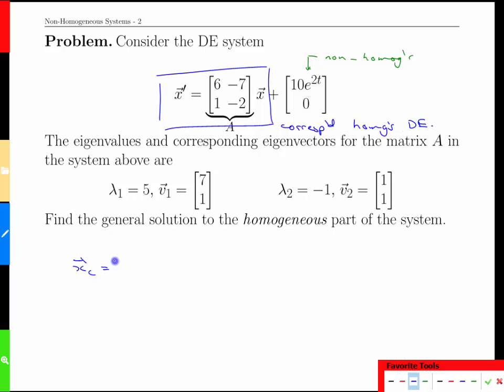And it has a solution that is some constant c1, e to the lambda 1, which is 5, e to the 5t, times the vector here, 7, 1, plus c2, e to the second eigenvalue, negative 1t, times the second eigenvector, 1, 1. So if we have the matrix, and we can go immediately to the eigenvalues and eigenvectors, we can write down the solution to that.